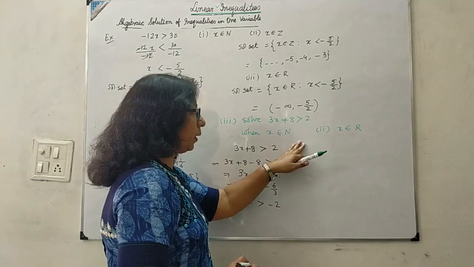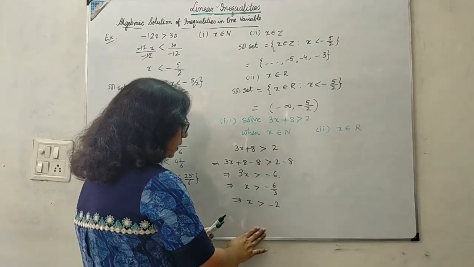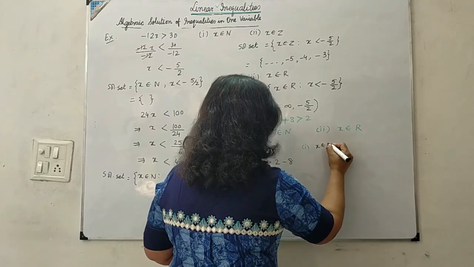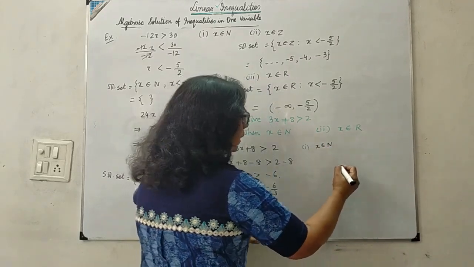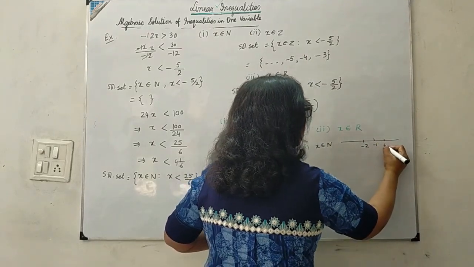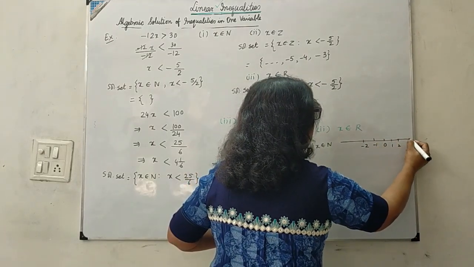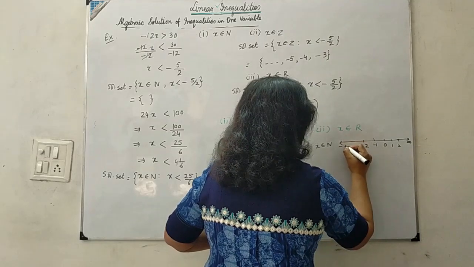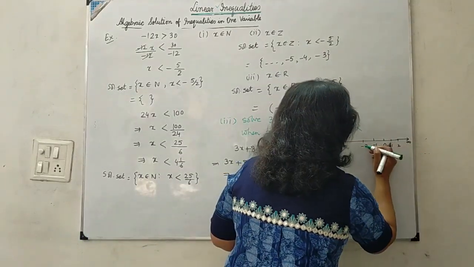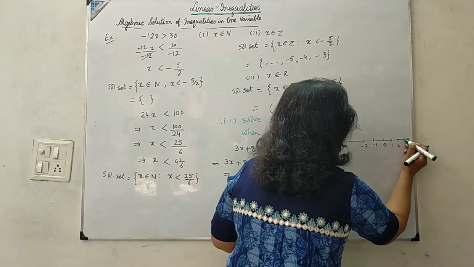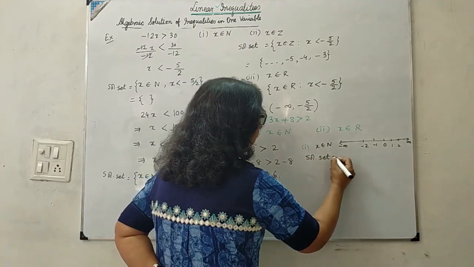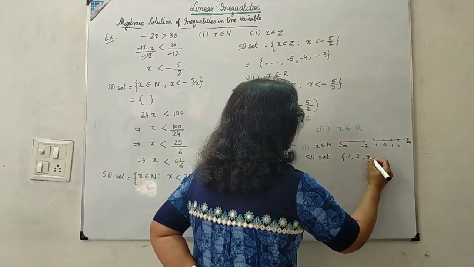Now if x belongs to N, all the natural numbers which are greater than minus 2. You can see on the number line, the natural numbers greater than minus 2 are 1, 2, 3 and so on. So in the first part we have the solution set 1, 2, 3 and so on.